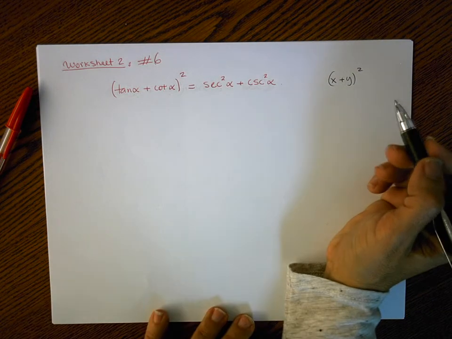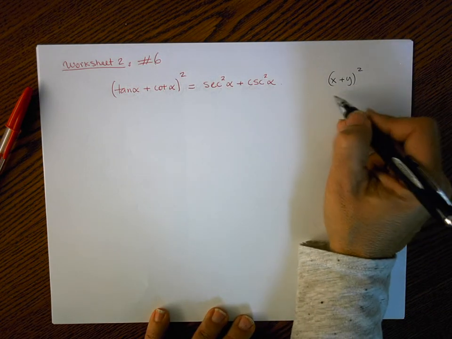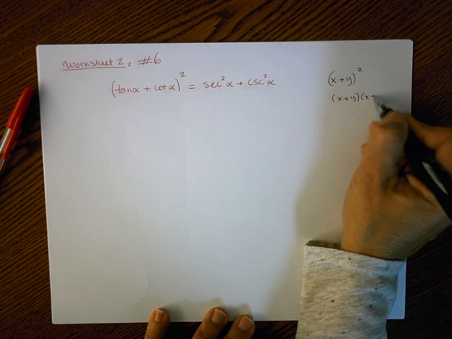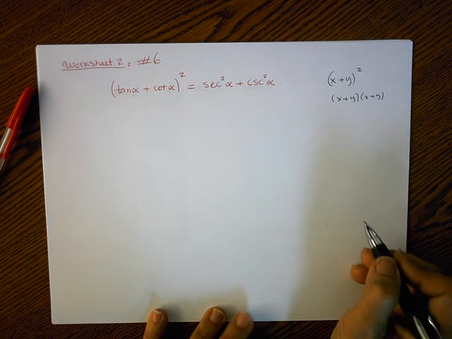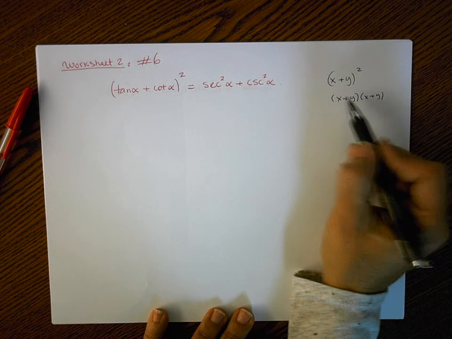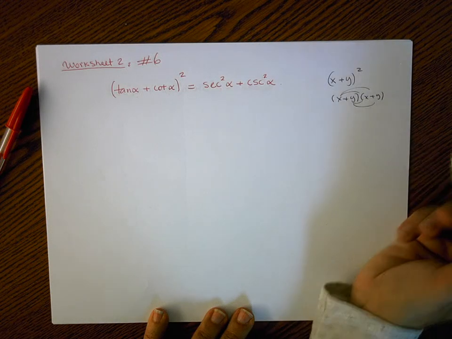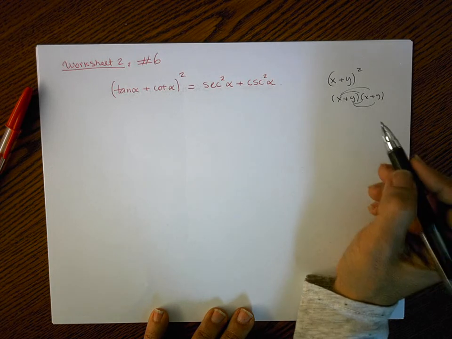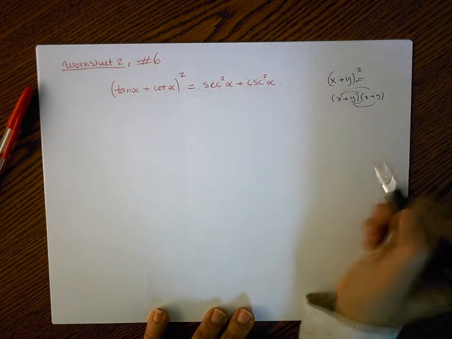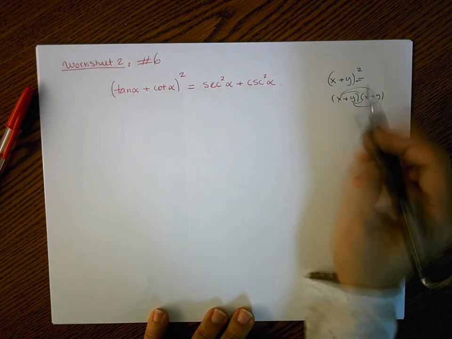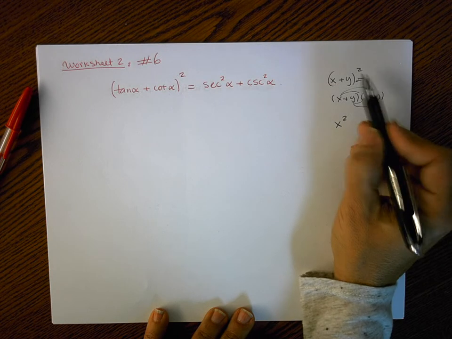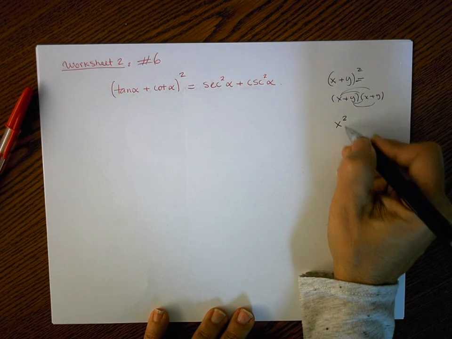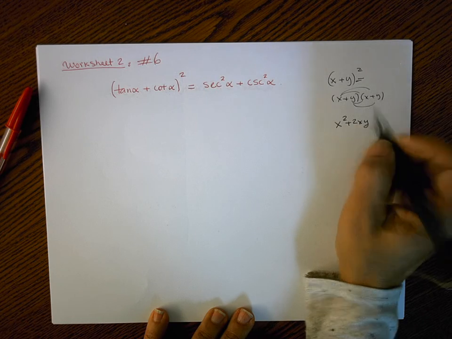Well, I would FOIL it, because being squared is the same thing as x plus y times x plus y. I've been doing foiling for so many years that I know this becomes squaring the first item, x squared, plus 2 times x times y, which is 2xy, and then you square the last, plus y squared.